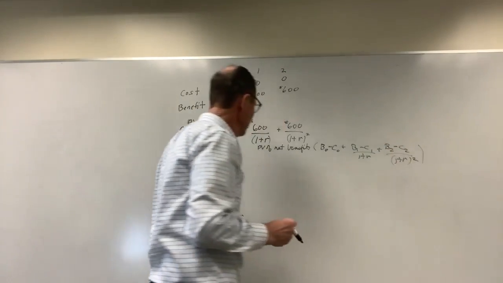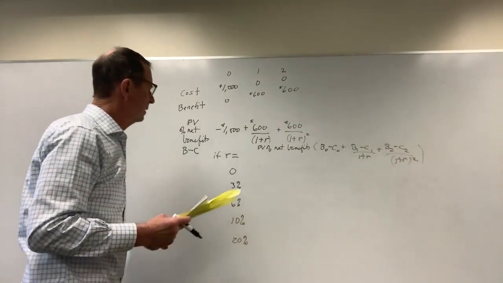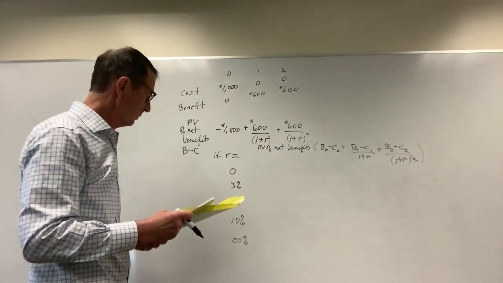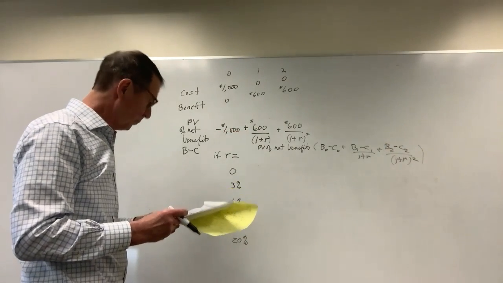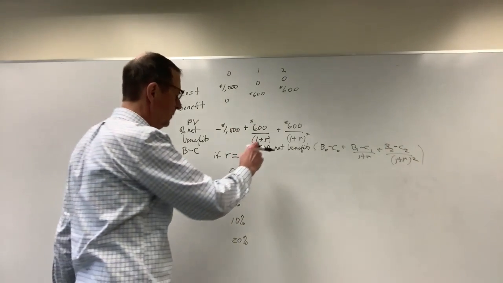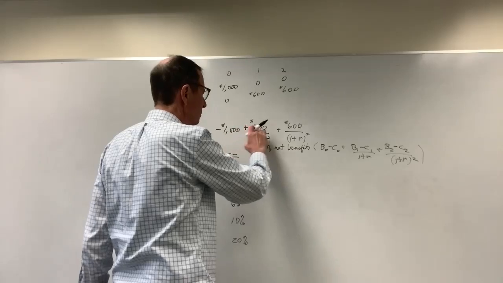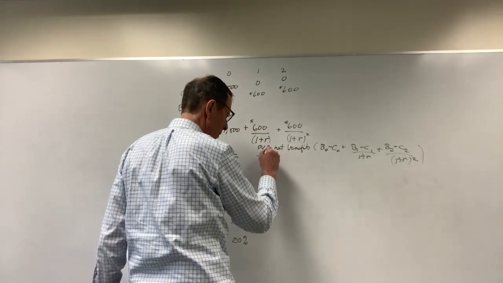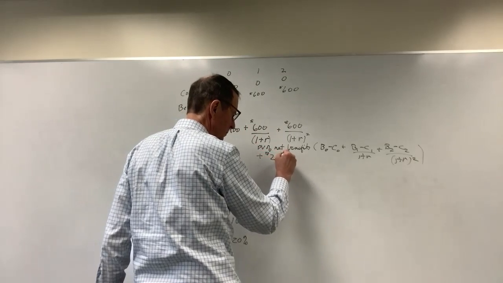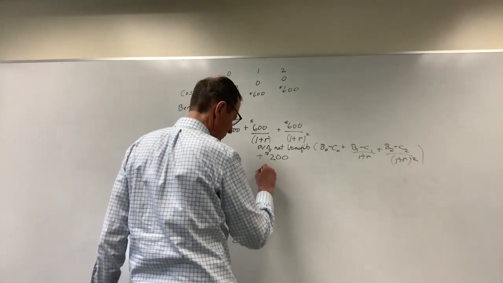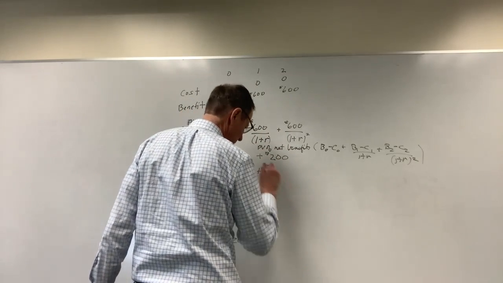So if you actually do those calculations with minus 1,000, discounted 600, double discounted 600, we know that if the interest rate is 0, we just get minus 1,000 plus 600 plus 600. In other words, plus $200.